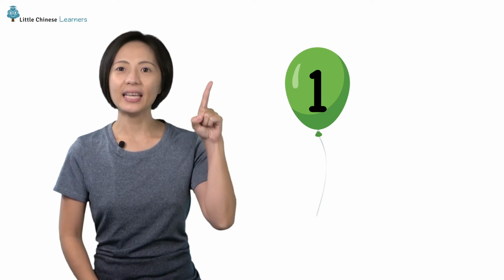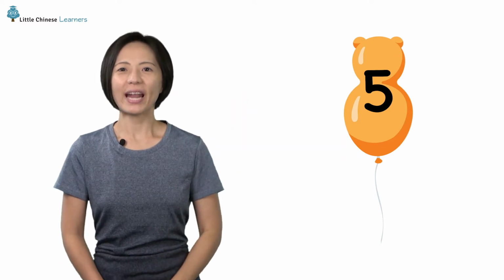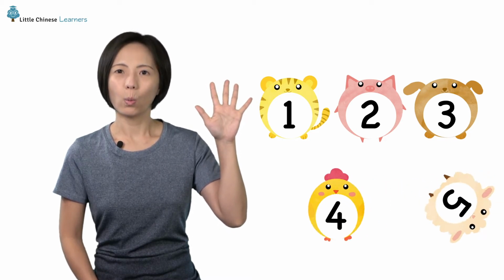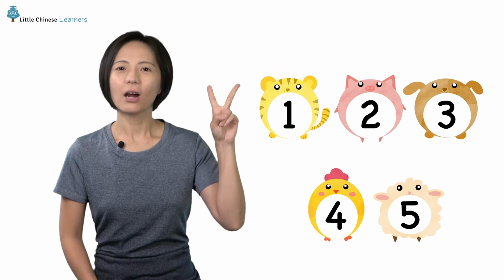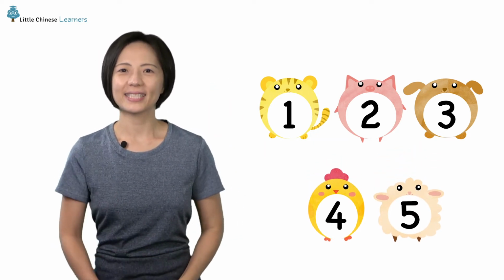一，二，三，四，五。Great! Let's try counting from 1 to 5. 一二三四五，一二三四五。Now you try it.